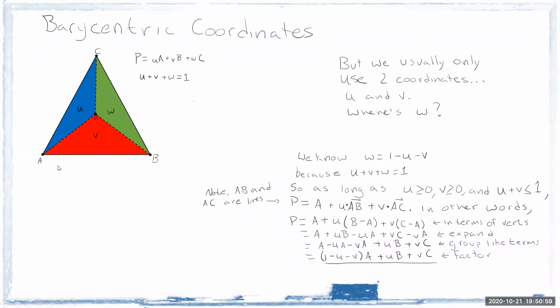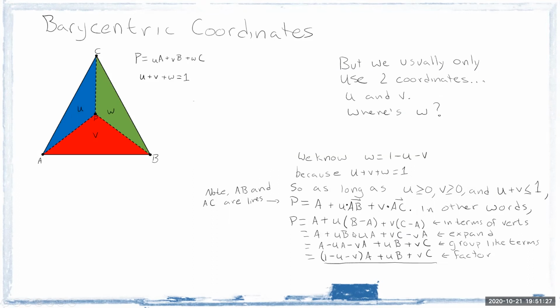So what this means is we can describe those lines as B minus A and C minus A in terms of vertices, which makes this just easier to deal with. We don't have to calculate a line equation or anything like that.